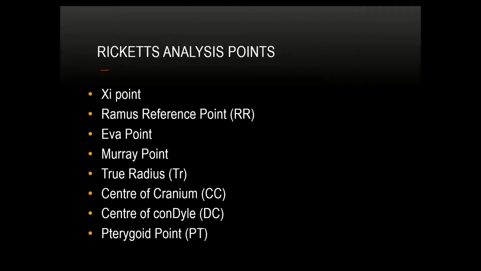Now you need to remember a few points from the Ricketts analysis. I'm going to tell you 2-3 points from this, and how to remember the rest. Xi point, I'll tell you how to remember. RR, you remember it, that Ramus reference point is from Ricketts analysis. Eva point, Eva was Ricketts' mother. Murray was Ricketts' father. So he named 2 points after his mother and father.